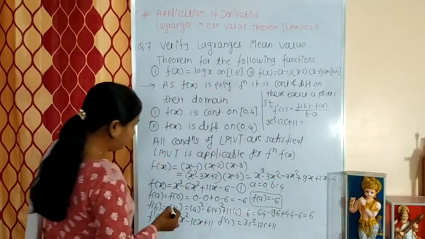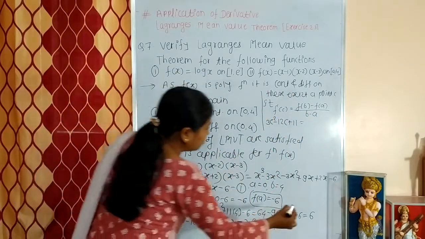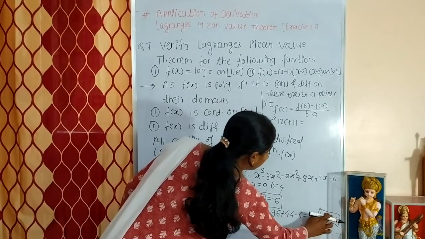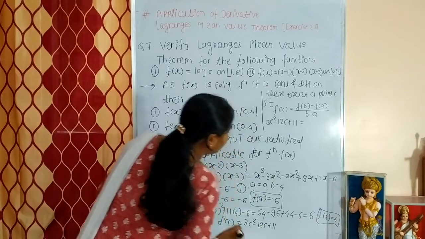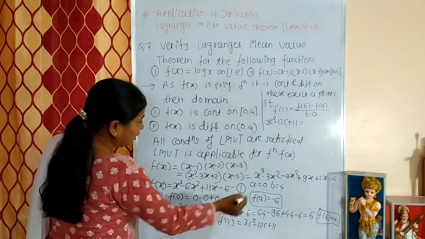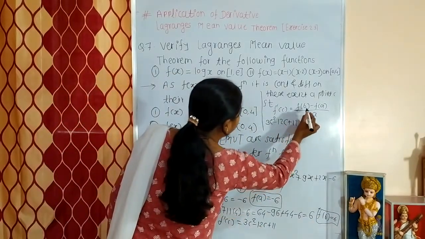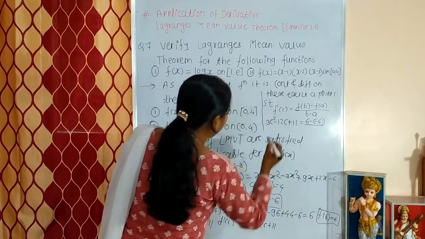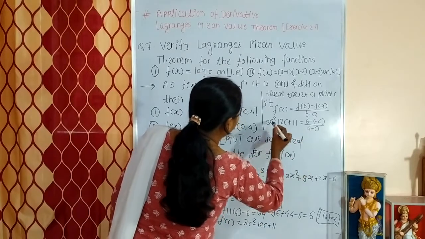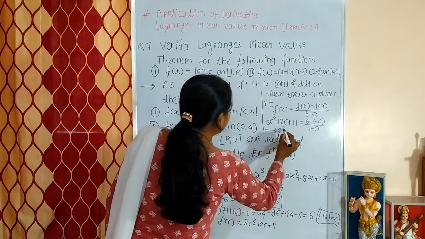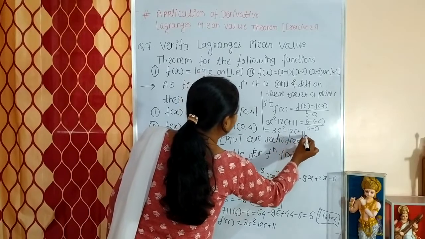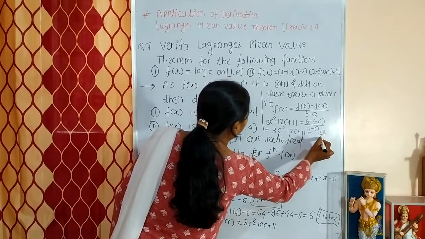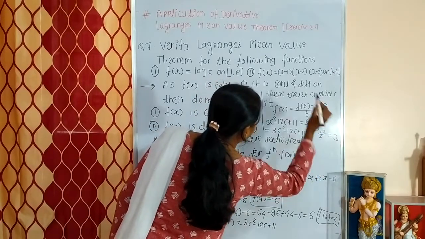The value of f of b, that is f of 4, is 6, and f of a is -6, divided by b minus a, which is 4 minus 0. So 3c square minus 12c plus 11 equals 6 minus minus 6, that is plus 12, divided by 4. Dividing by 4, we get 3.